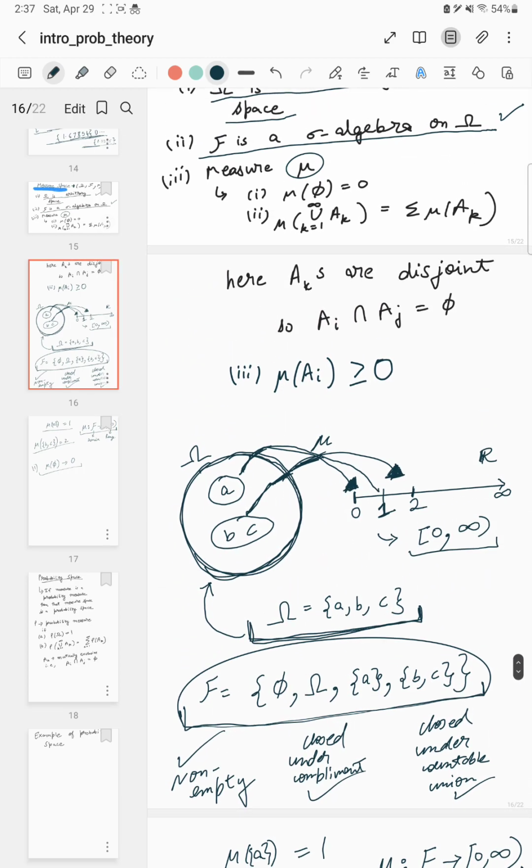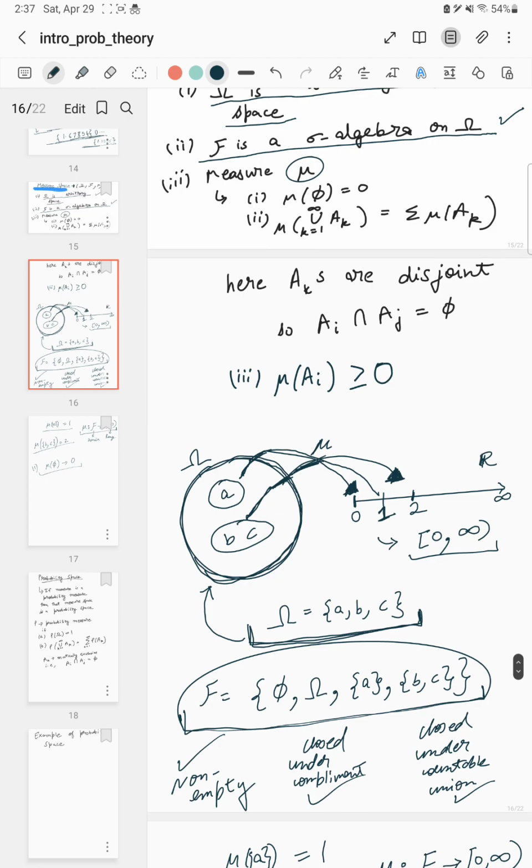The second condition is that, let's say we have some disjoint sets inside the sigma algebra F. So if I take the measure of the union of all of these sets, it would equal the summation of the measures of the individual disjoint sets.